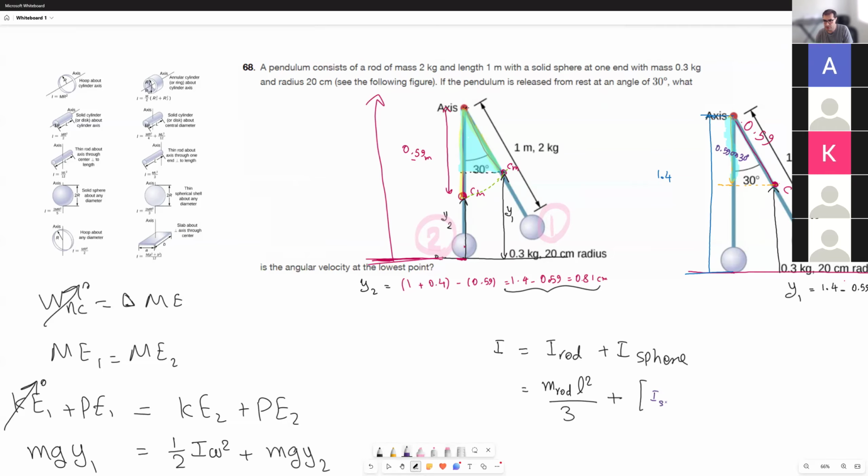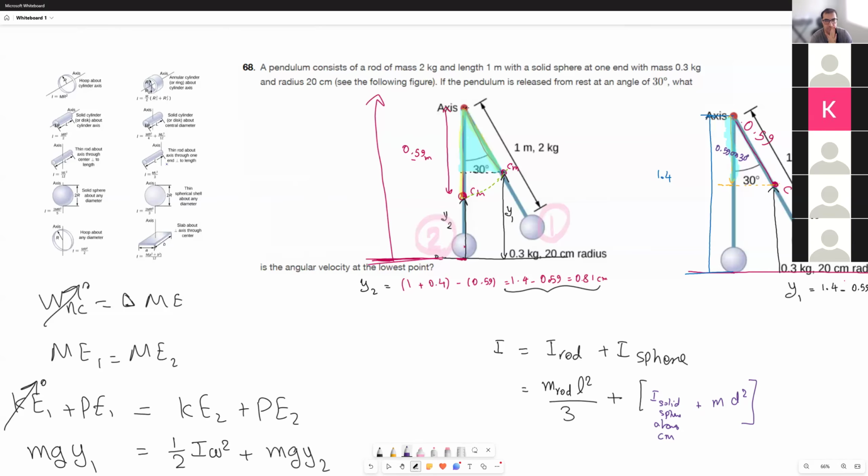I of a solid sphere about the center of mass plus m d squared. Donghoon and Eric, either of you, why did you say that? Why did you say that? I of a solid sphere about the center of mass plus m d squared.